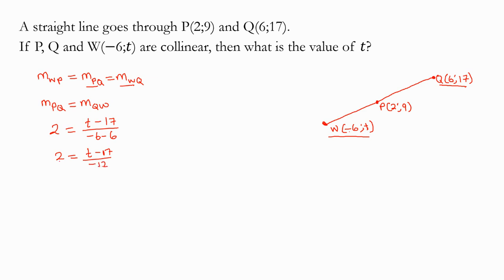Then we multiply both sides by negative 12, or you just cross multiply. 2 times negative 12 is negative 24, and T minus 17 times 1 is T minus 17. Then we can transpose the 17, so negative 24 plus 17 is equal to T. That gives negative 7. So T is equal to negative 7.